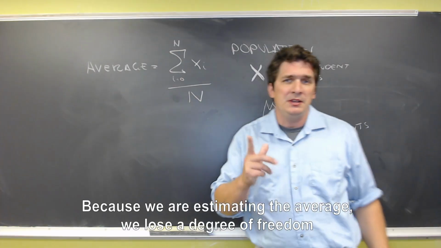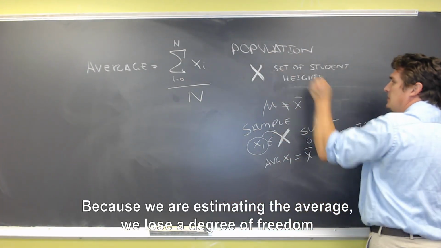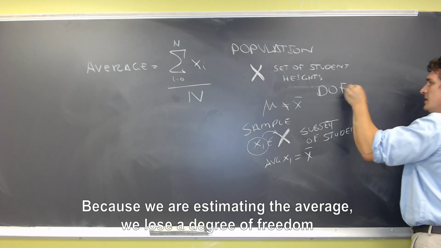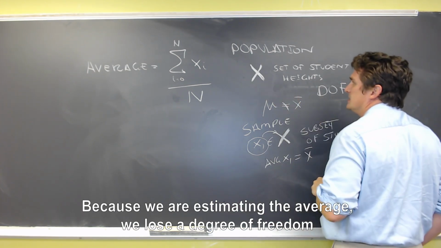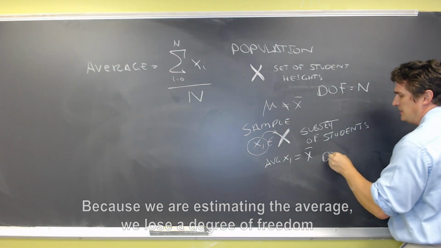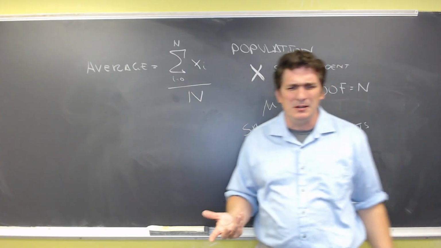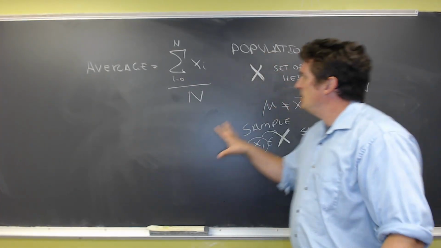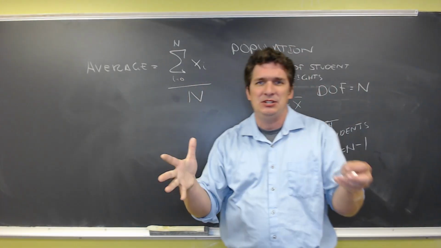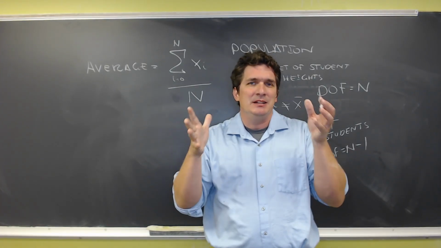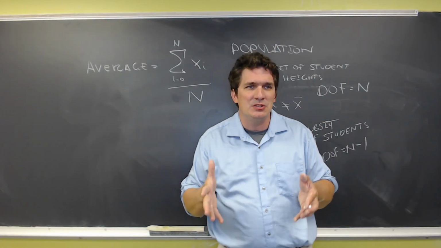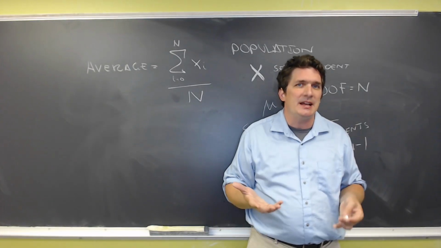And we're going to do one other thing here, which is that we're going to lose a degree of freedom. So up here, our degrees of freedom, DOFs, are going to be however big the student set is. Here, our degree of freedom is n minus 1. So why would I lose a degree of freedom? Well, here's the thing. The average of a true complete population is not an estimate, it's an actual number. And so it's a property of the set.